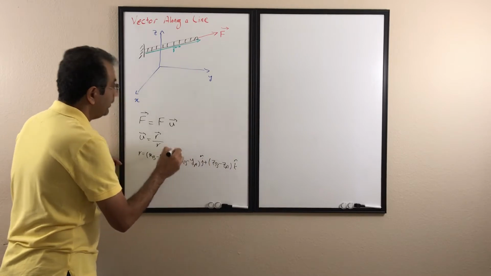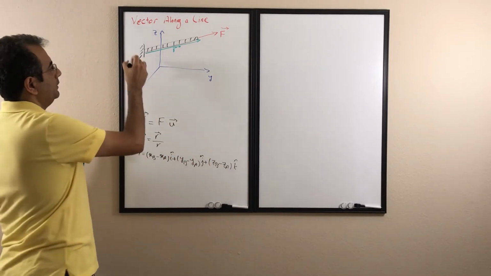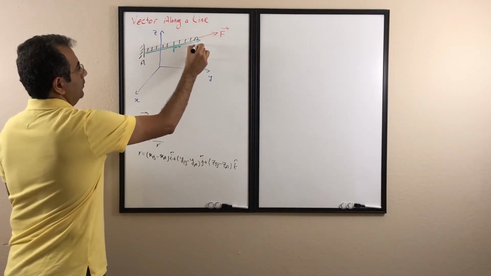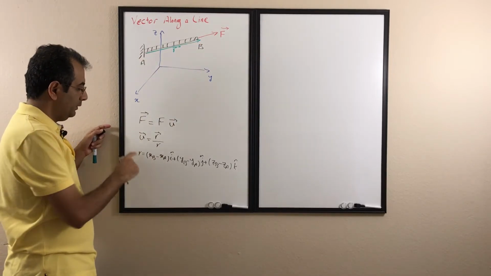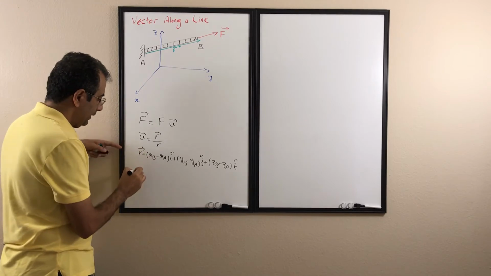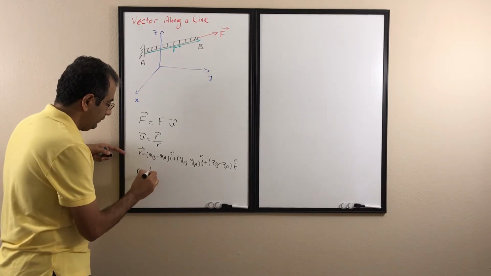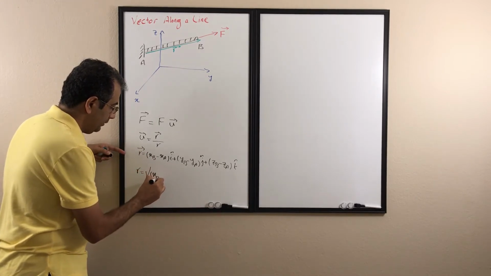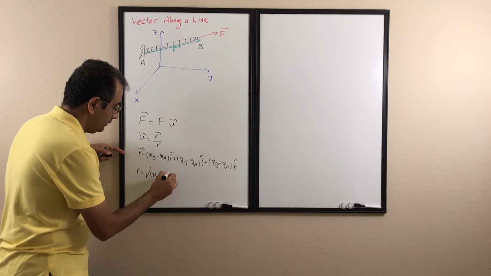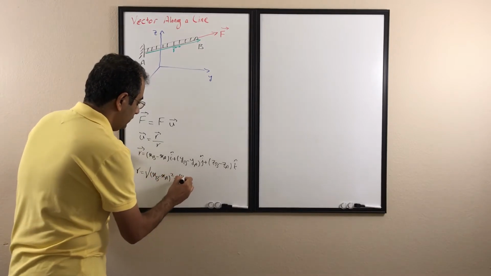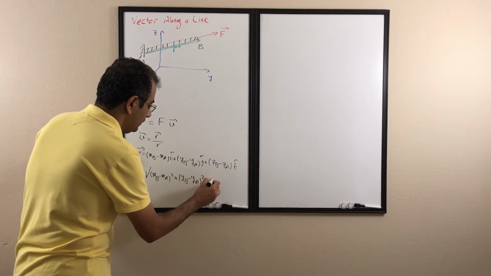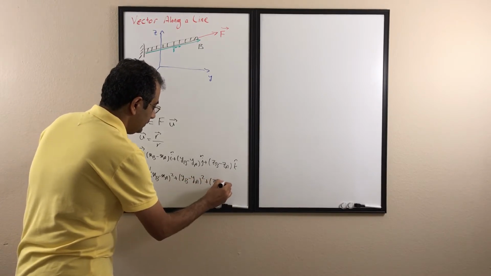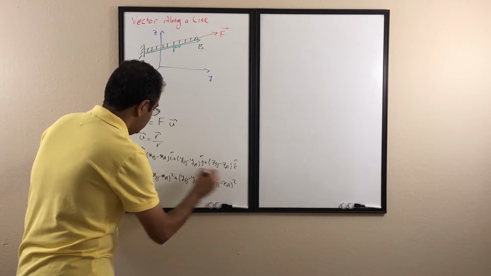So if we have a point A and point B, that's the position vector, and its magnitude is going to be the square root of (xb minus xa) squared plus (yb minus ya) squared plus (zb minus za) squared.